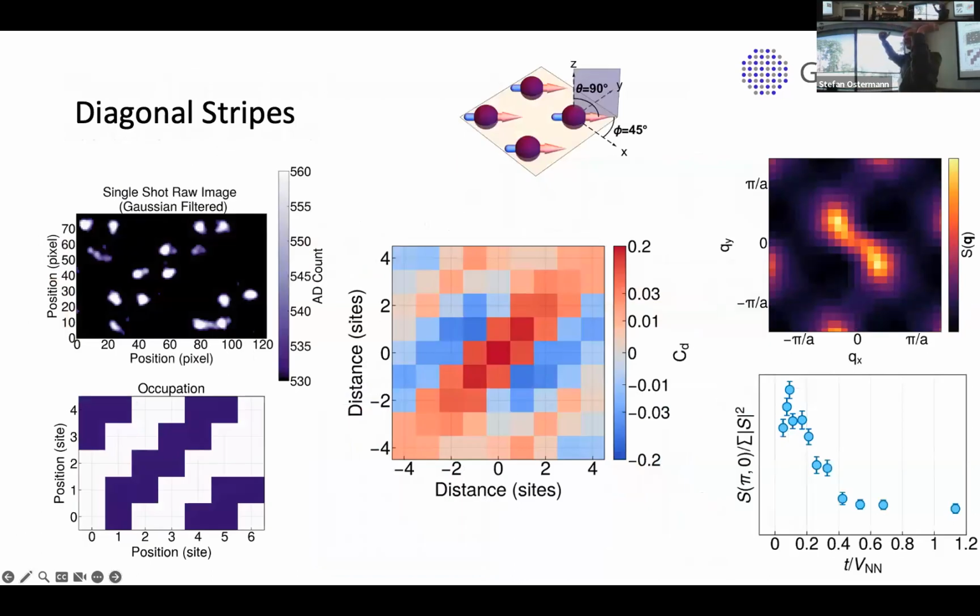What happens if you tilt this diagonally? Well, when we tried that, we got nice pictures like this. So there is some diagonal order. We were kind of surprised because this effect is not a nearest neighbor effect, right? The nearest neighbor interaction is repulsive for all nearest neighbors equally.